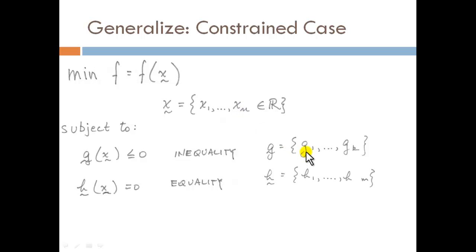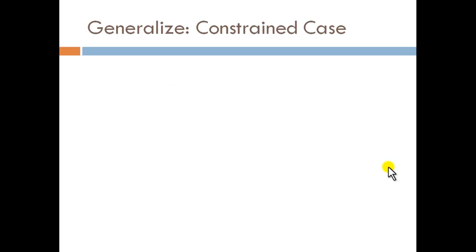Remember that each one of these functions, both inequality and equality, doesn't necessarily need all of these variables. They could pick and choose, or they could use all of them, but we have to make sure we understand that. Finally, we have the upper and lower bounds on each one of the variables in that vector.